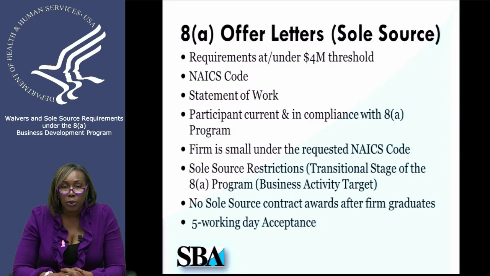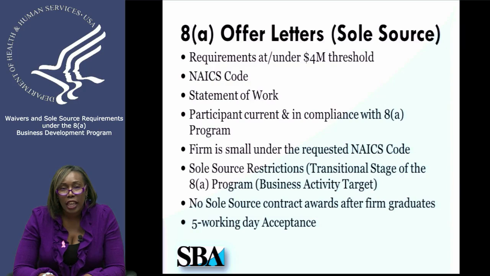In the 5th year of the program, we call it a transitional phase for the firm. In that transitional stage, our firm is required to do at least 15% of their work in a competitive, non-sole source small business arena. We're preparing our firms to grow outside of the 8A program. So once they complete their 9 years of the program, they can be a successful small business.